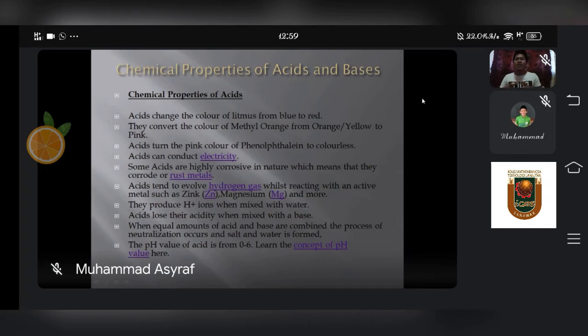Some acids are highly corrosive in nature, which means that they corrode or rust metal. Acids tend to evolve hydrogen gas while reacting with active metals such as zinc, magnesium and more.